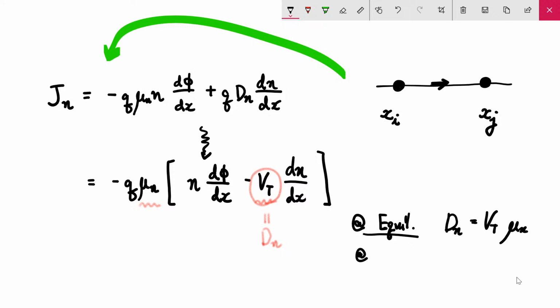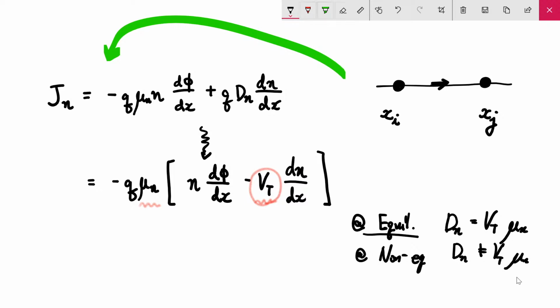But if we go to the non-equilibrium case, then there is no guarantee that dn and Vt times mu n should be the same. Of course they can be, but sometimes they may not be. So although the relation dn equal to Vt times mu n is not strictly valid in the non-equilibrium case, we just impose this condition. At first glance you feel, okay, I will just accept it because it is widely used.